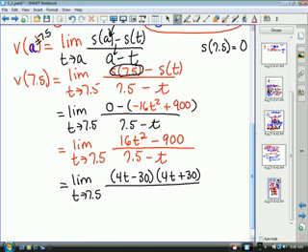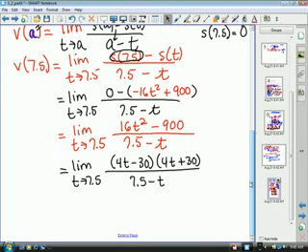But on the bottom, I've got 7.5 minus t. Nothing cancels. Question is, what do I do? There's a little trick you can do. Think.